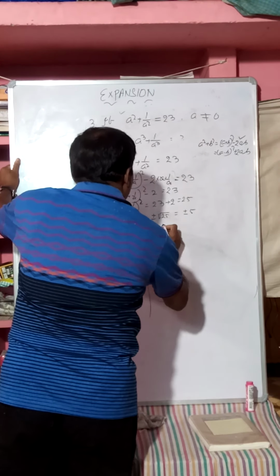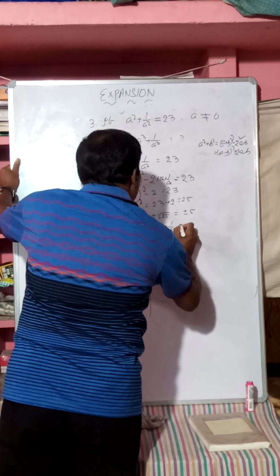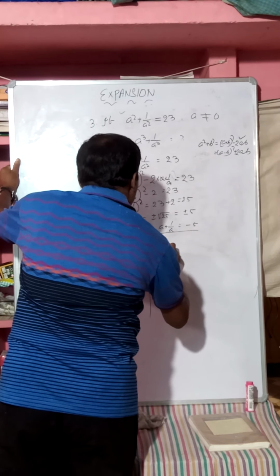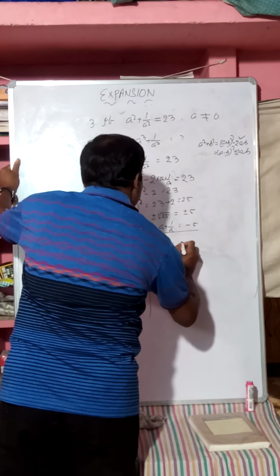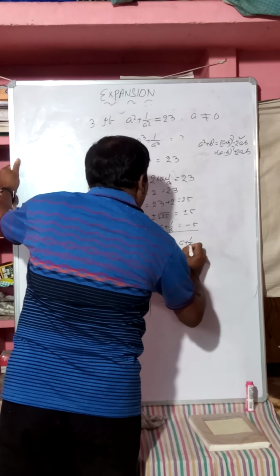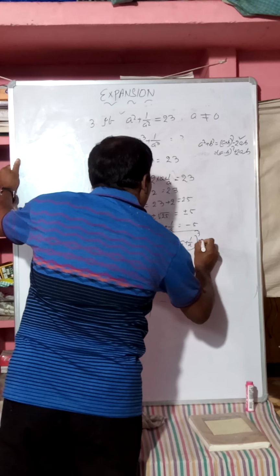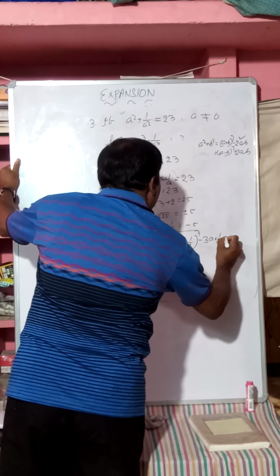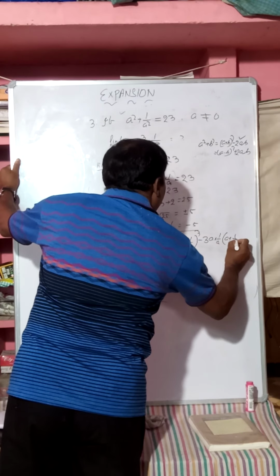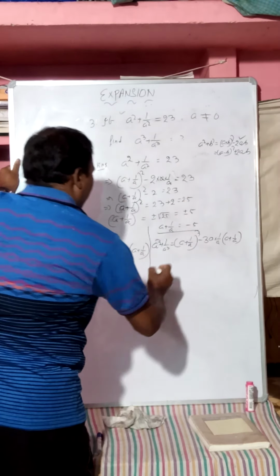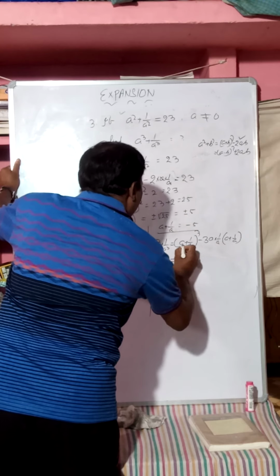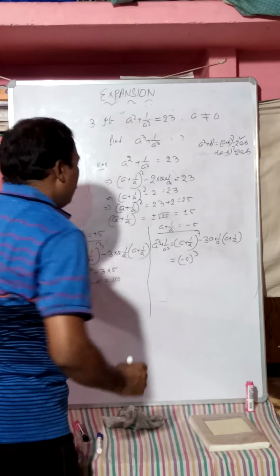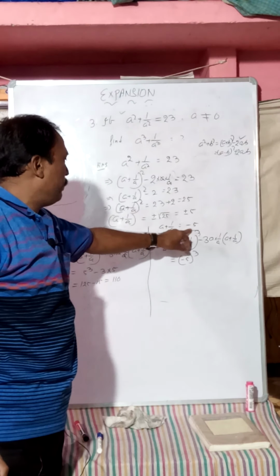Whenever a plus 1 by a is equal to minus 5, a cube plus 1 upon a cube is equal to a plus 1 upon a whole cube minus 3 into a into 1 upon a into a plus 1 upon a, that is equal to minus 5 whole cube, because here a plus 1 by a is equal to minus 5.